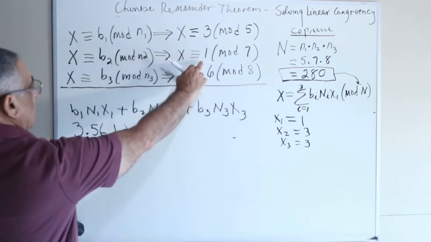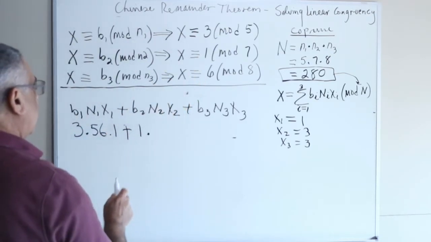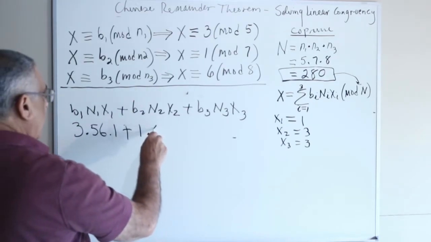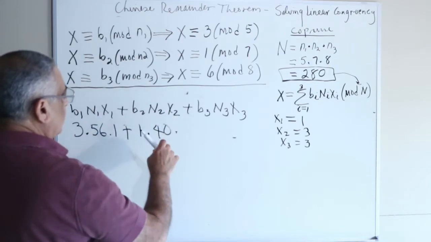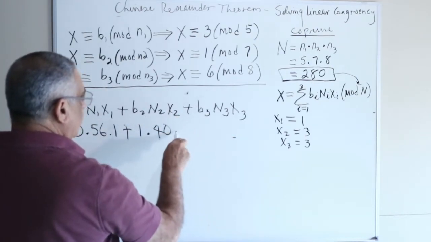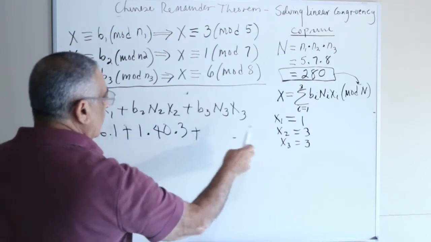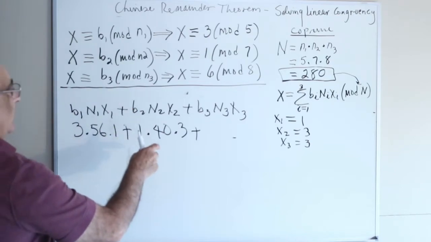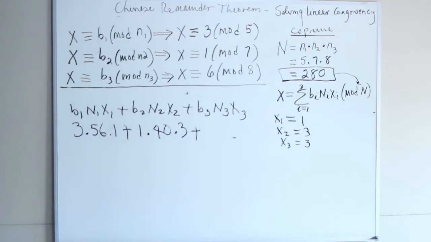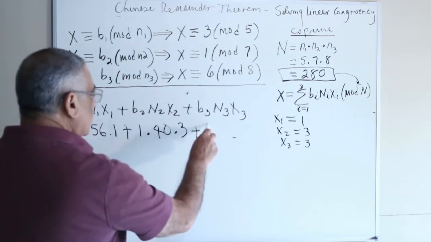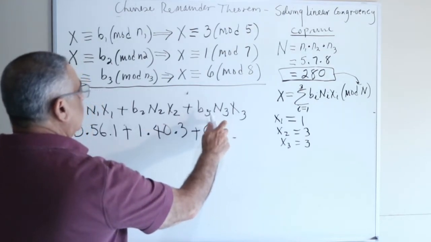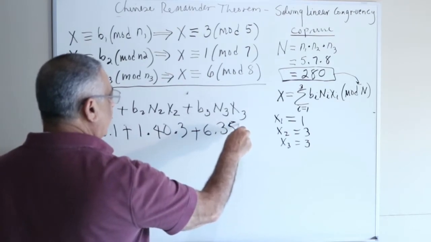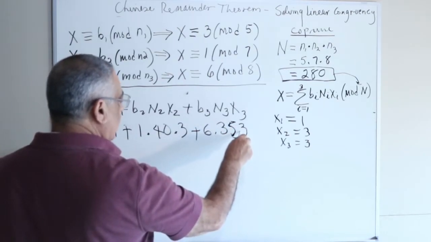Now b sub 2 is actually 1, and n sub 2 was 40 according to our previous equation, and x sub 2 is actually 3. Therefore b sub 3 is actually 6, n sub 3 according to our previous value was 35, and x sub 3 is 3.